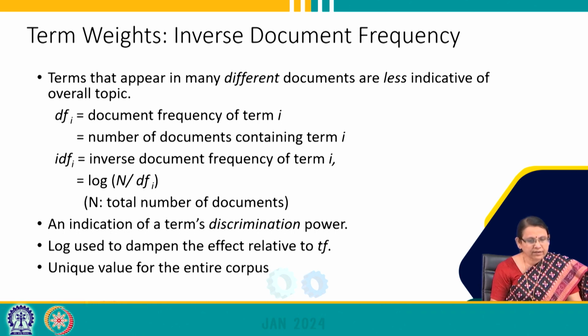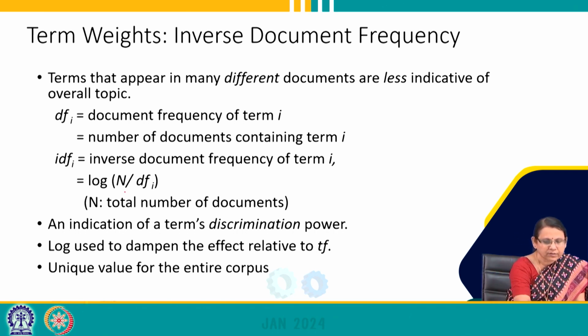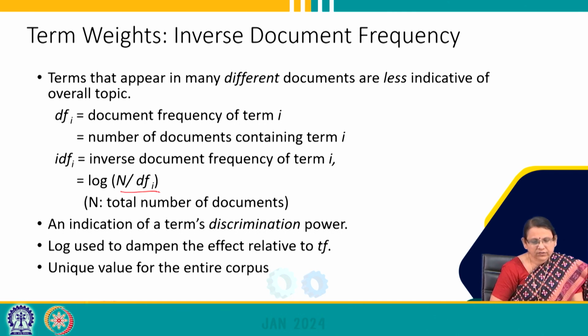So, this DFi is the document frequency of term i, the number of documents containing the term i, and IDF is the inverse of this, and log of this is used to dampen the effect relative to term frequency.